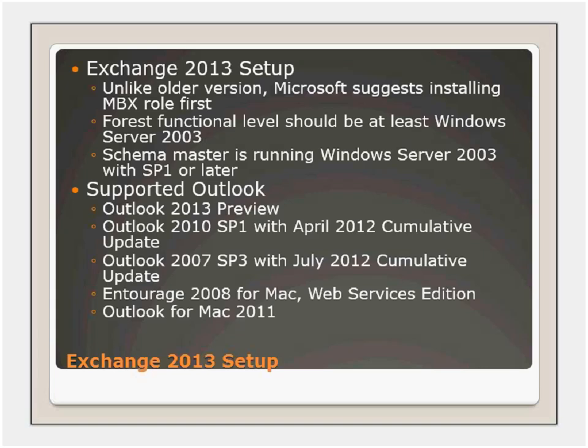And there are a few other things. Your forest functional level should be at least Windows Server 2003. And there is another thing, the schema master role. That is the role which is going to allow you to update the schema. That should be running at least Windows Server 2003 with SP1 or later. So this is one good part.